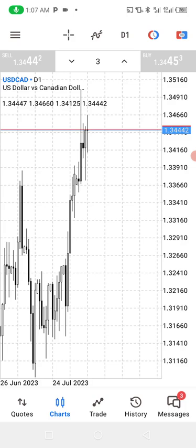If you're a scalper, you have to use the H4 time frame. If you're a swinger, you have to use the daily time frame. If you're a positional trader, you hold trades for a very long time, you use the weekly or the monthly.